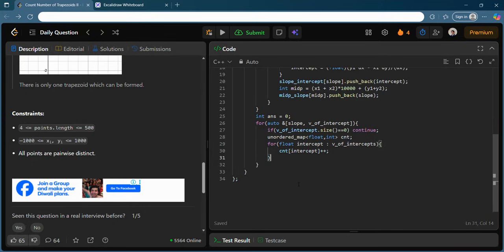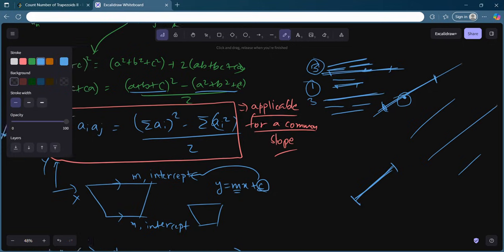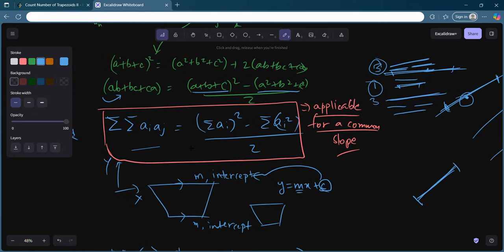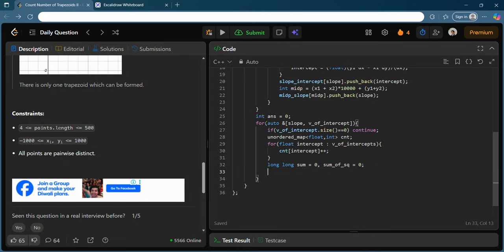What you can do after this is very simple. You have, let's say, a long sum with you and sum of squares. You just need to calculate this sum and sum of squares.